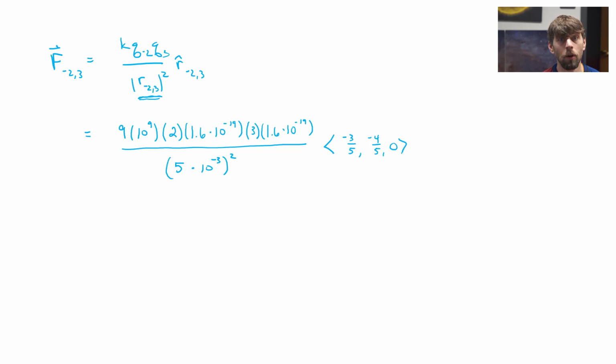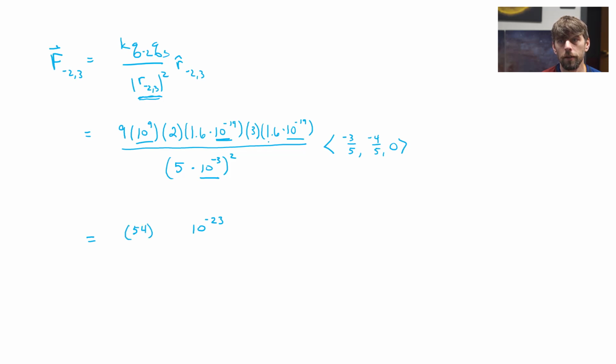Well, now we're left with just doing the multiplication. Of course, we have 10 to the 9th, 10 to the -19th, and 10 to the -19th, so we get 10 to the -29th, and then times 10 to the -23rd. 9 times 2 times 3, that's 54.